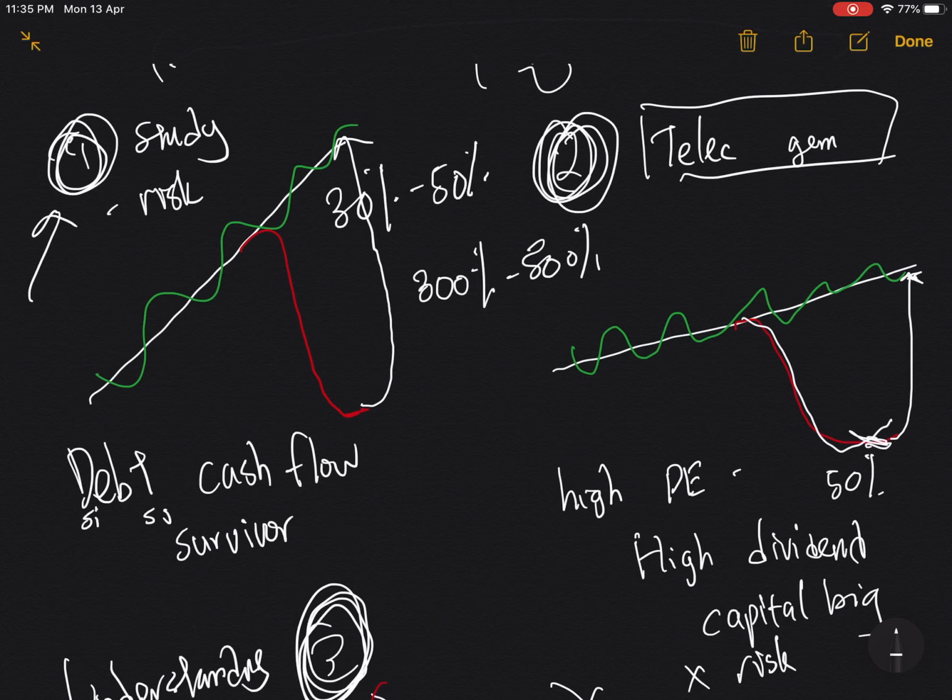For example, Pavilion, IGB, after everything is normalized, they are able to earn back the money and give you this kind of dividend, so you can enjoy more than 10% dividend and comfortably retire. 3 million at 10% a year is 300,000, very decent for me, and it depends on your lifestyle also. So I will choose the second one if I have this kind of capital. If I don't have this kind of capital, I will choose the first one.